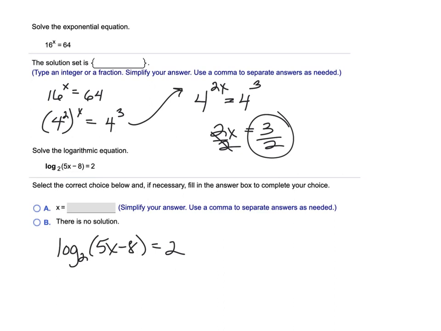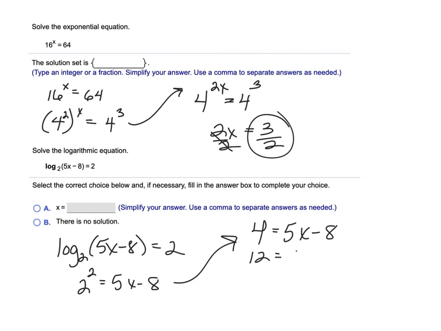We start with the base, which is 2. We raise it to the second power equals 5x minus 8. So just convert from log to exponential, then you can solve it. Do that quickly up here. That's 4. Let's add 8 to the other side. 12 equals 5x, and it looks like our answer is 12/5.